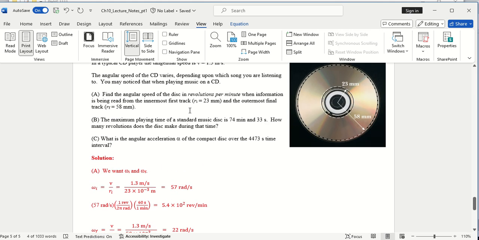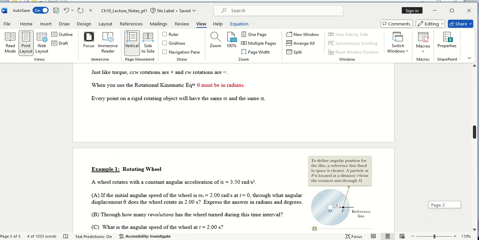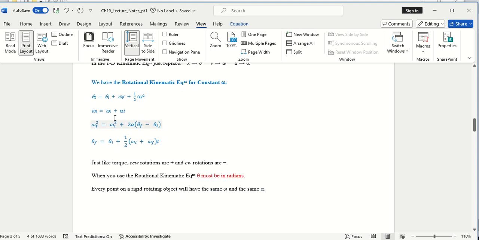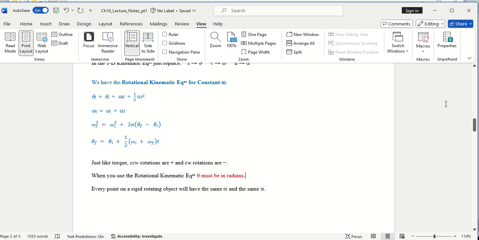Then in part C, I want alpha. Again, I know omega initial, I know omega final, I know T. So I'm going to use the second rotational kinematic equation, because I know omega final, I know omega initial, I know T, and I'm looking for alpha. So why not just take the second rotational kinematic equation and solve it for alpha?